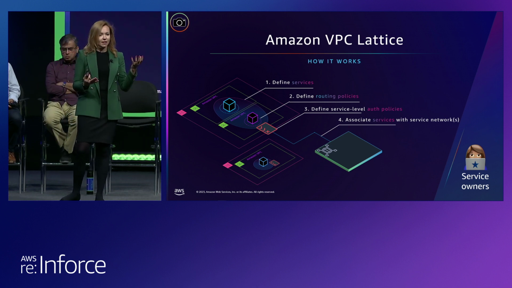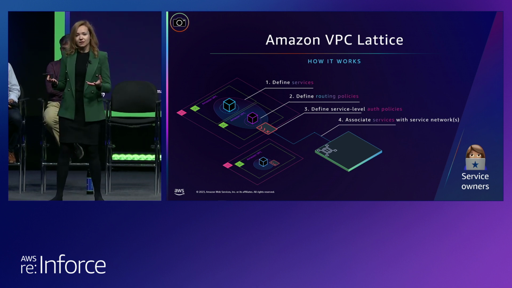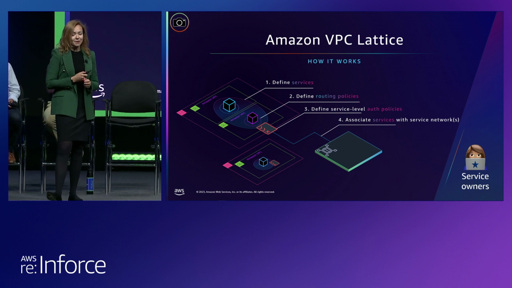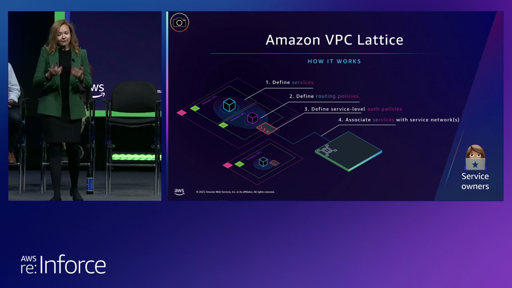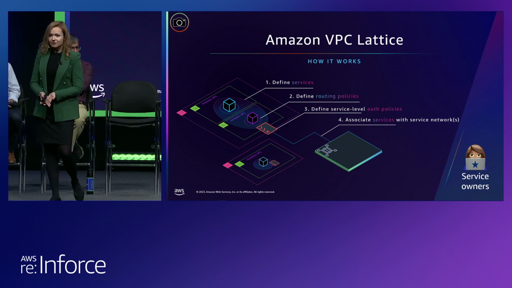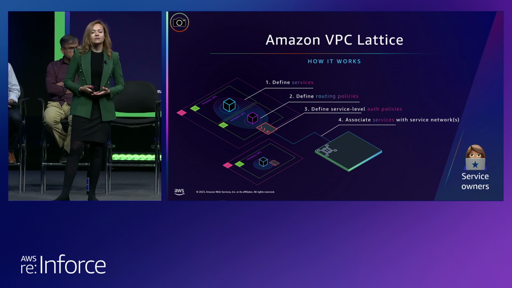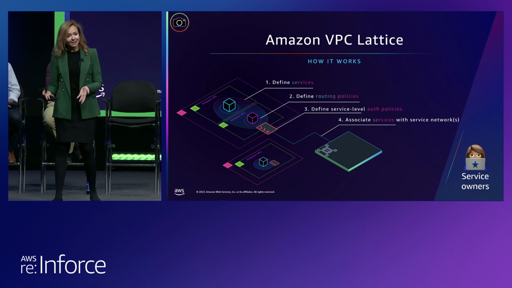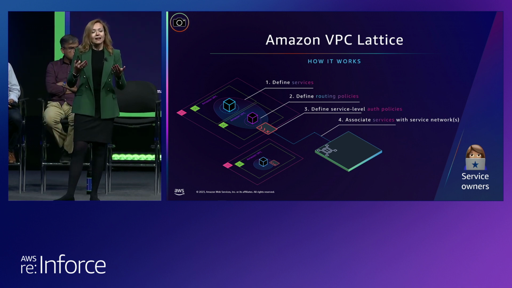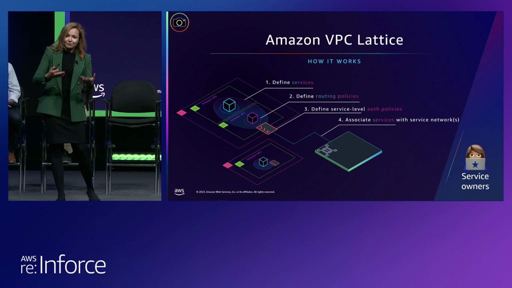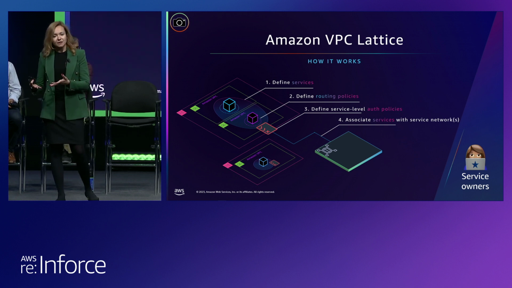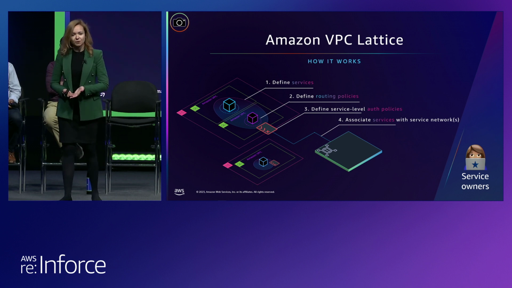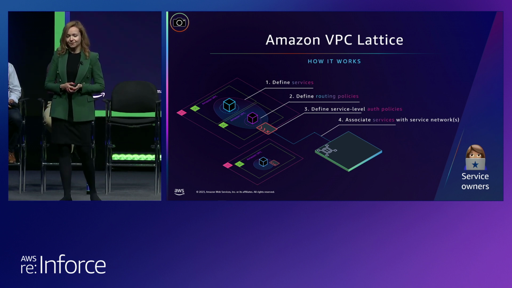A service can be associated with multiple service networks. We're going to dive deep into the architecture in a minute. But the idea is that when you associate a service with the service network, that service, based on the auth policies, both at the service level and at the service network level, provides clients within VPCs the ability to access it, right? So it becomes available within that service network.